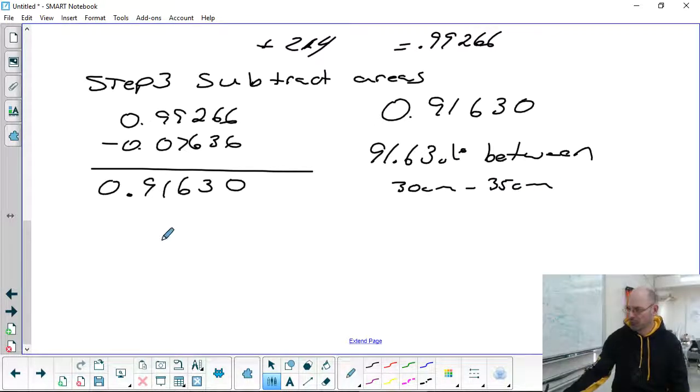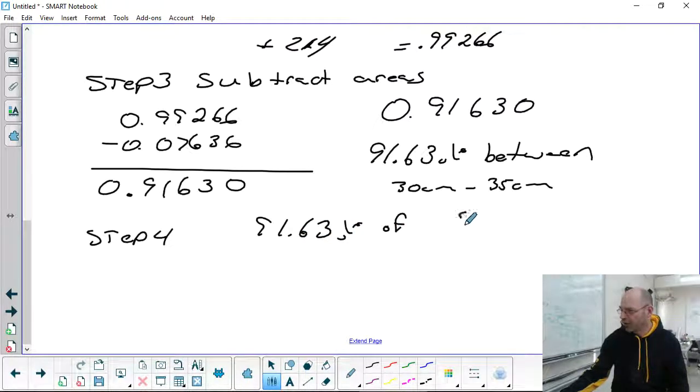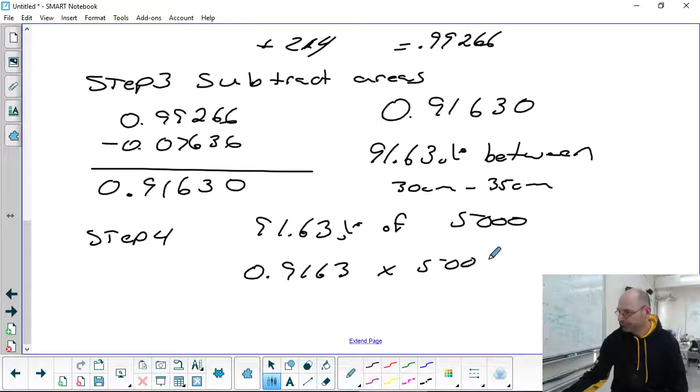Okay, so now if we want to get the number, step 4 is to find the number. We want 91.63% of 5,000. So we just multiply it by the decimal number. So 5,000 times 0.9163.